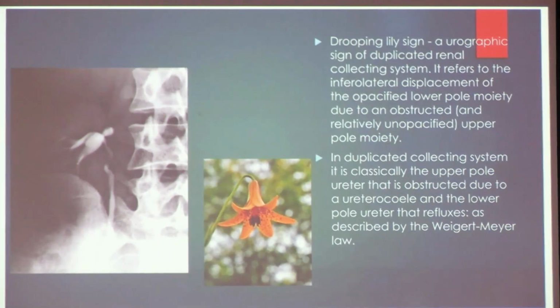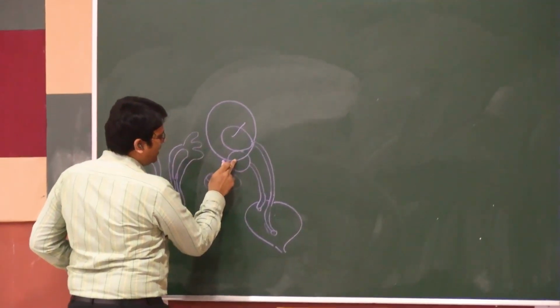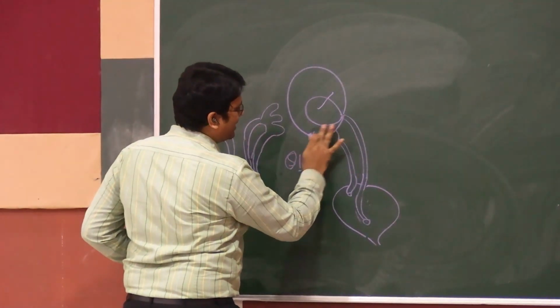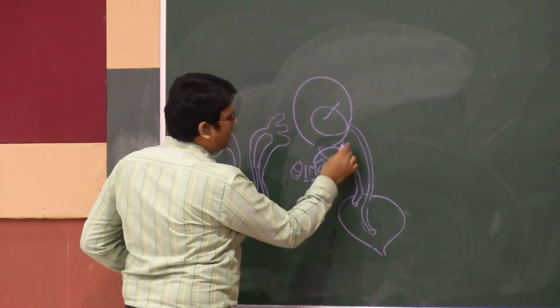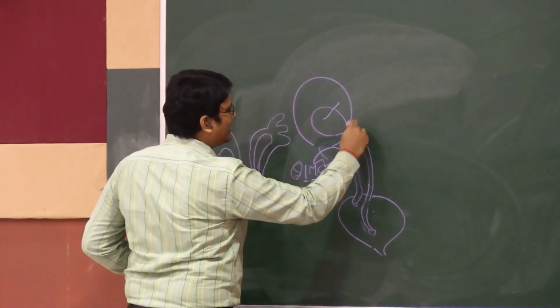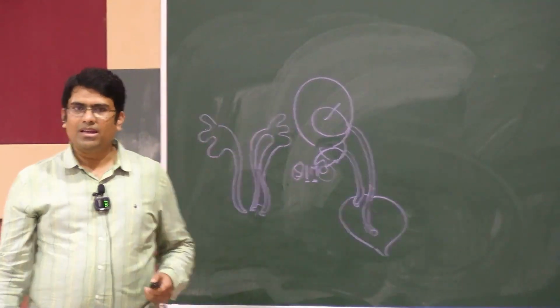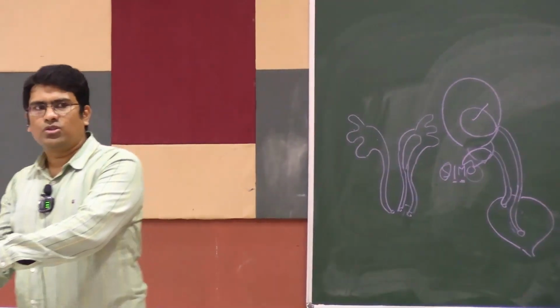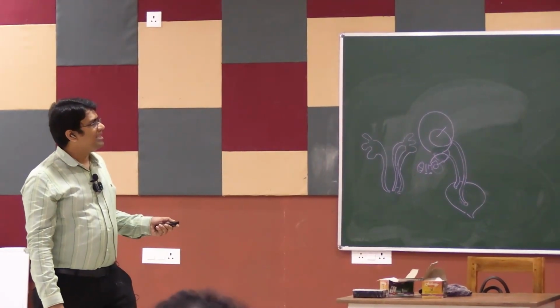Basically this is a pelvis, this is a very enlarged system. The whole thing gets compressed here and ultimately starts to look below. This particular enlarged segment has actually caused compression of the lower segment, and that is the reason the lower segment starts to look down. It is something which is called the drooping lily sign.